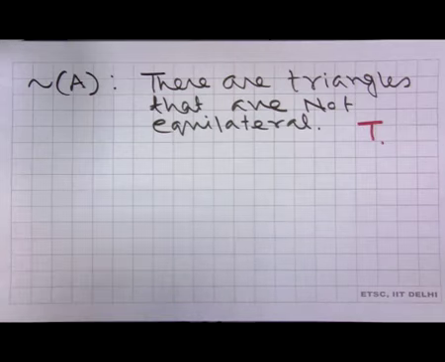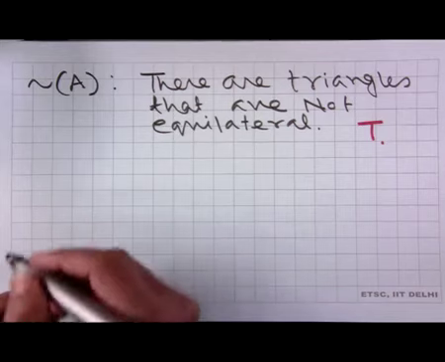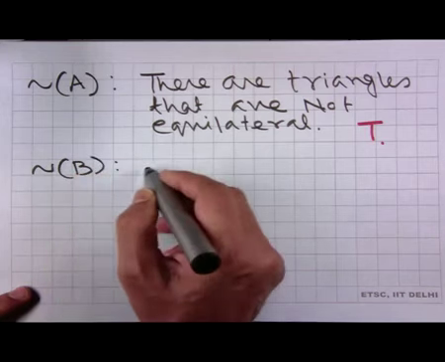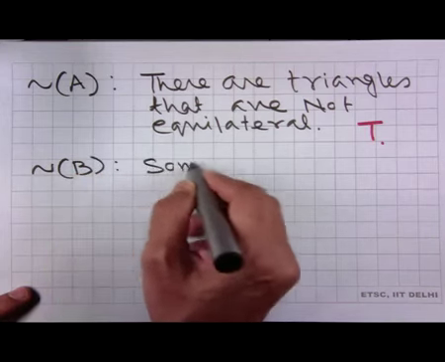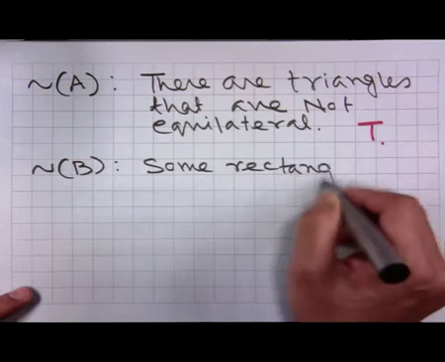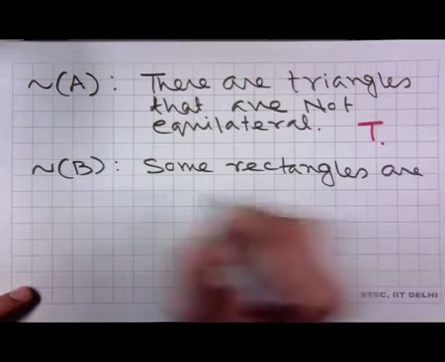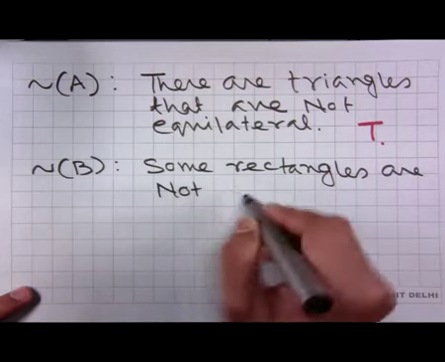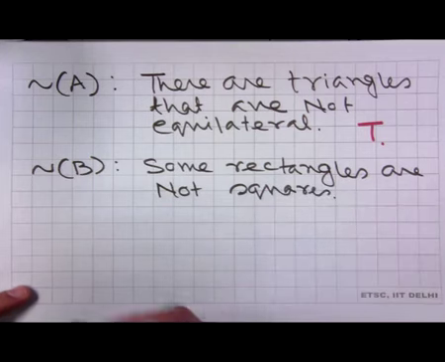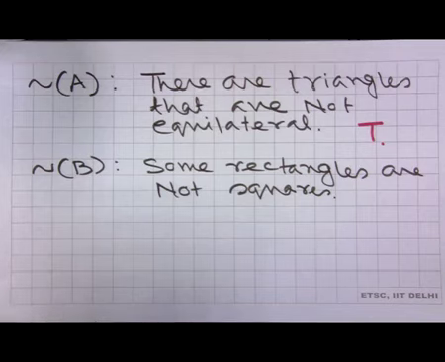Similarly, statement B was some rectangles are squares, which is true. If I write its negation as some rectangles are not squares, that is also true, because there are rectangles which are not squares.